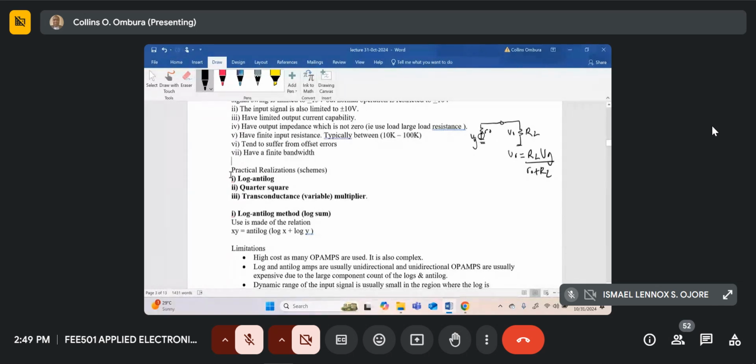So these are the schemes that are normally used. Let's start with the first method, the log anti-log method.